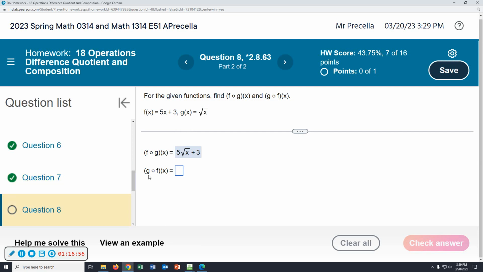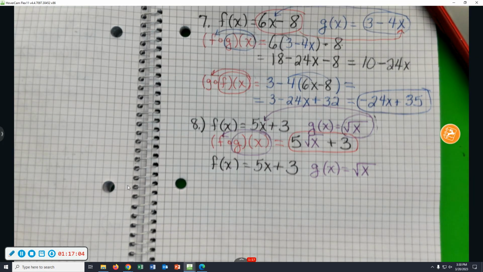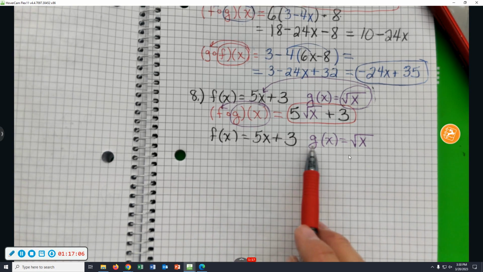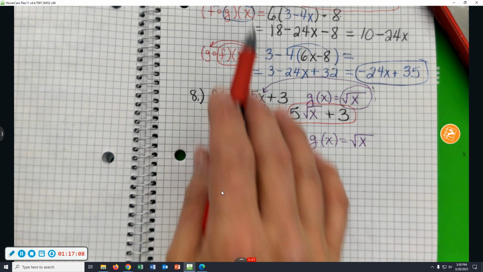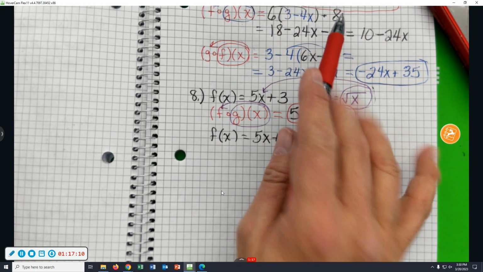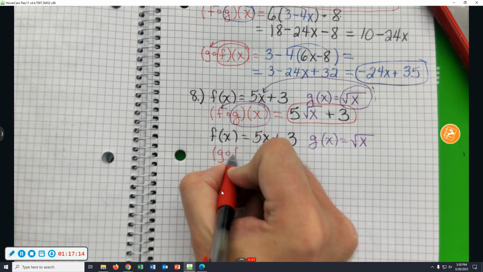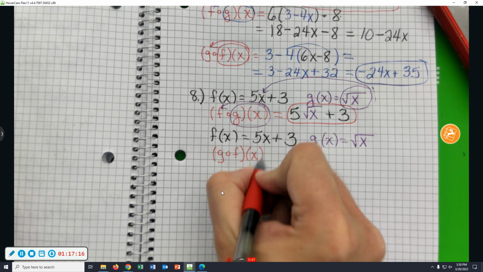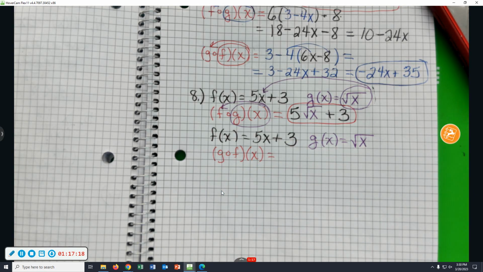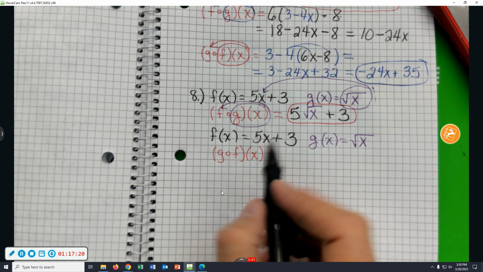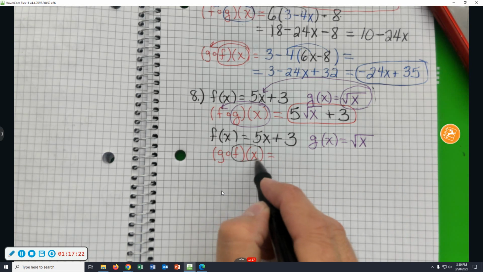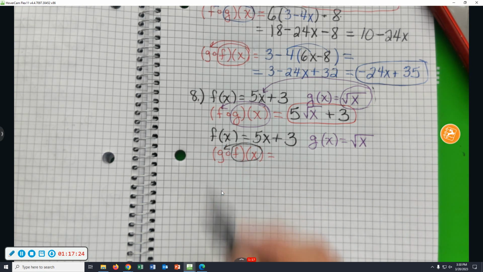Now we're going the opposite direction: g composed with f of x. I rewrote f of x equals and g of x equals; I probably should have done that up here on number 7. If we're looking at g of f of x, you're plugging f of x into g.